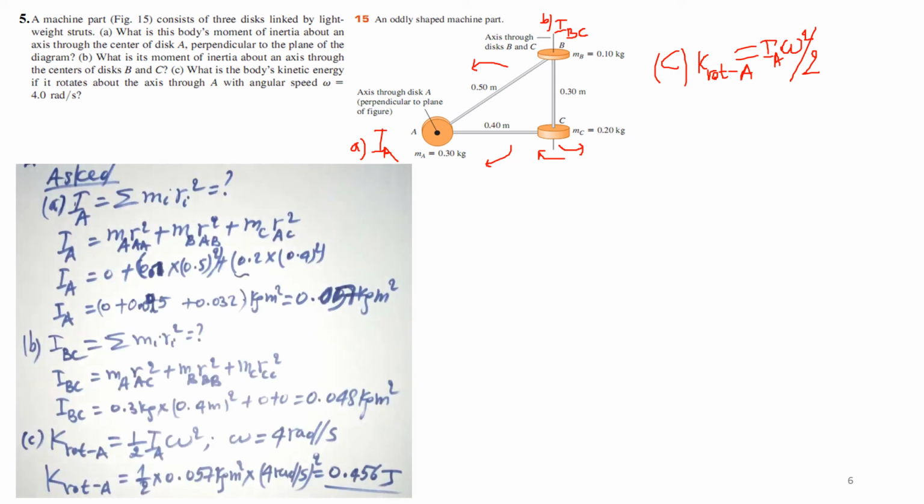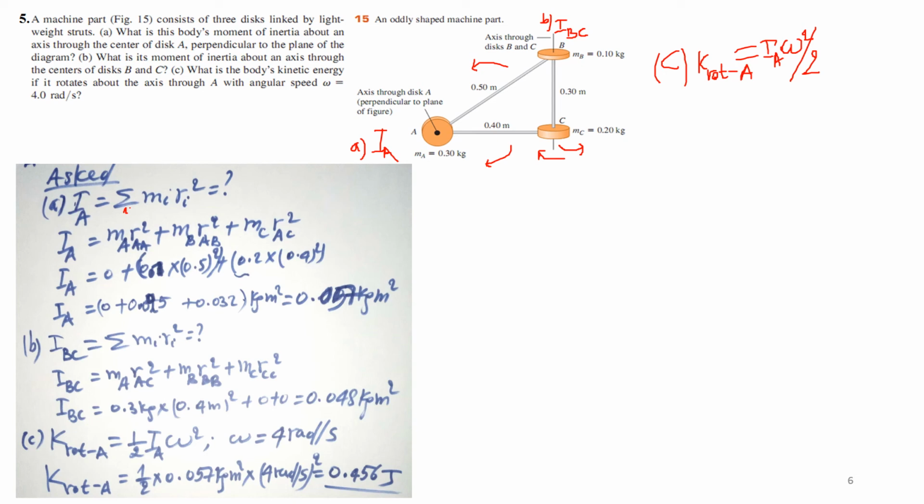As an answer, we need first of all to write down the formula. The moment of inertia is equal to the sum of the products of masses and the squares of distances. Here we have 3 discs: disc A, disc B, and disc C. Mass A times distance of A from A squared, plus mass B times the distance AB squared, plus mass C times distance AC squared.